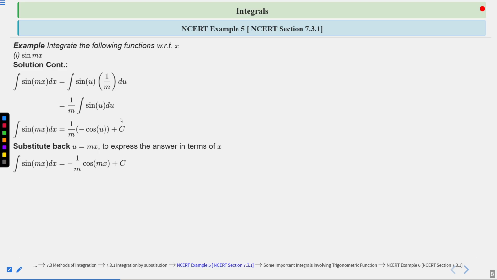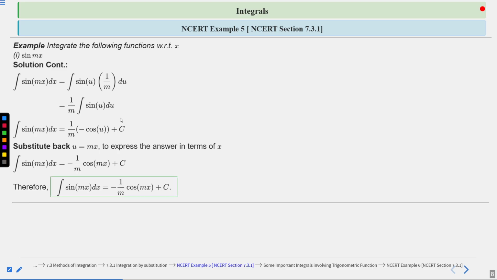Clear? Therefore we can easily say that integration of sine mx dx is equal to minus 1 by m cos mx plus c.